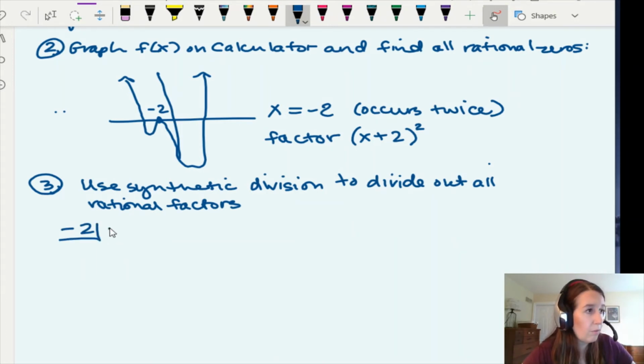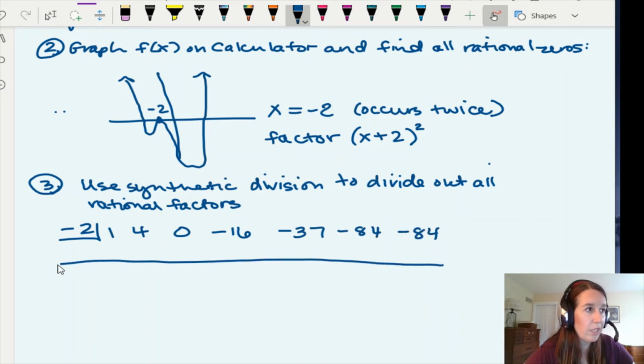So these are my coefficients. We do have 1, 0. There was a missing term there. There's no x to the 4th term, so you have to put a 0 there. Otherwise, things will not work out well for you. Okay, we got some big numbers here, but I think it's going to work well. All right, so here's 1.